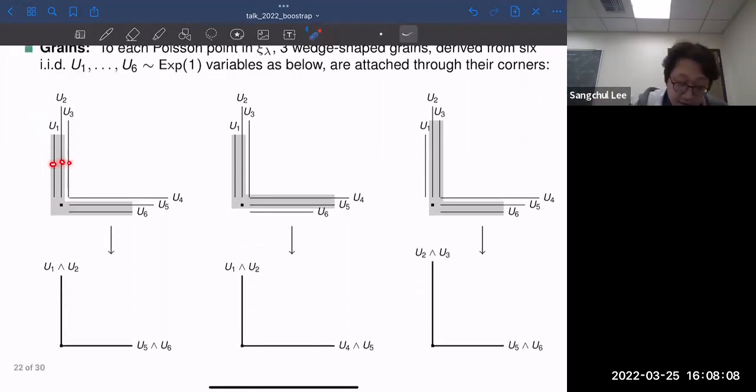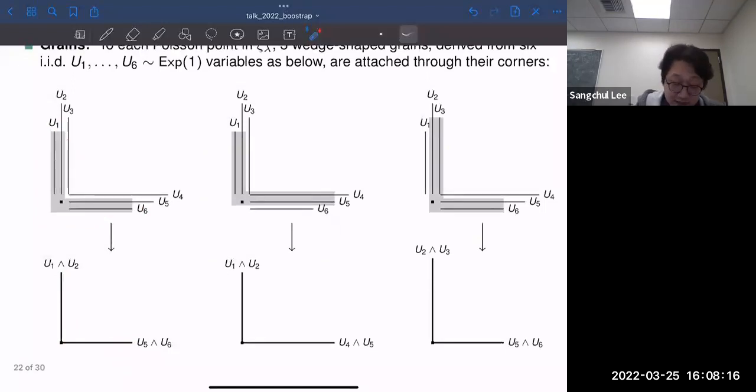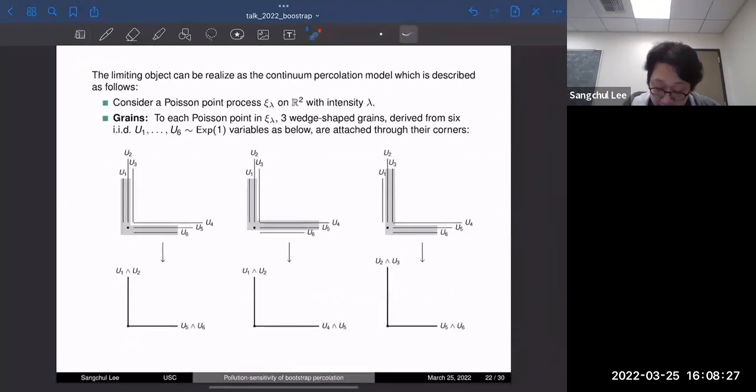So I attach 3 vertical and 3 horizontal exponential arms, and I define 3 wedges in a very specific way, so that it matches what we did in the polluted bootstrap percolation.